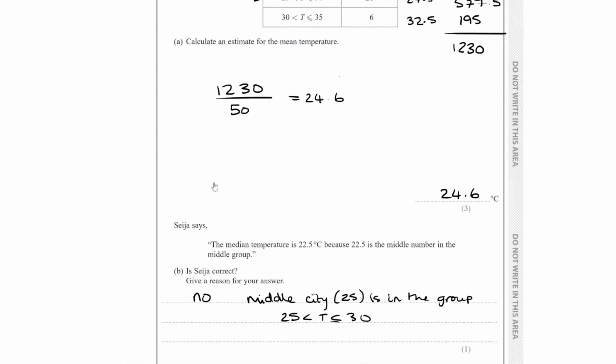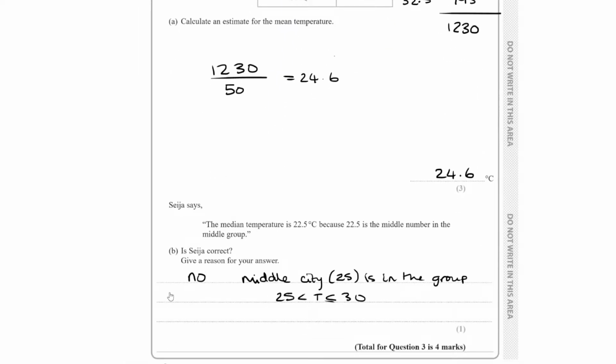You could say, because the middle city, just relate it to the context, city, which is city number 25, is in the group, or the category, whatever you want to call it, 25 to 30. And she said it's in the middle group, right? The middle group is 20 to 25. So that's enough of a reason to say why she's wrong. Okay.